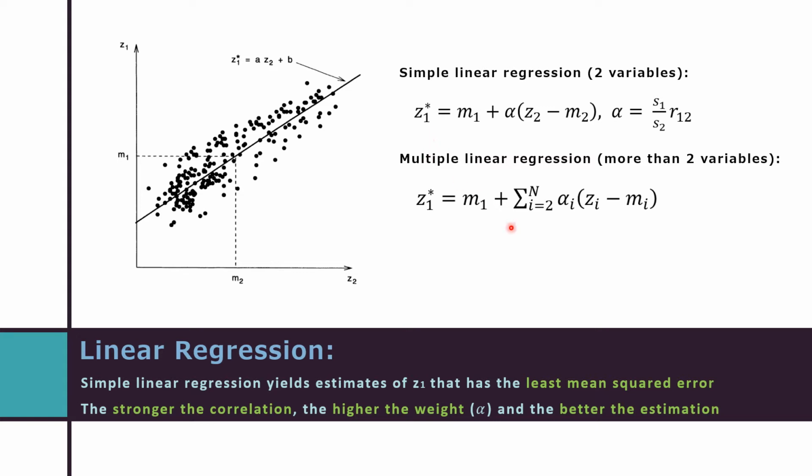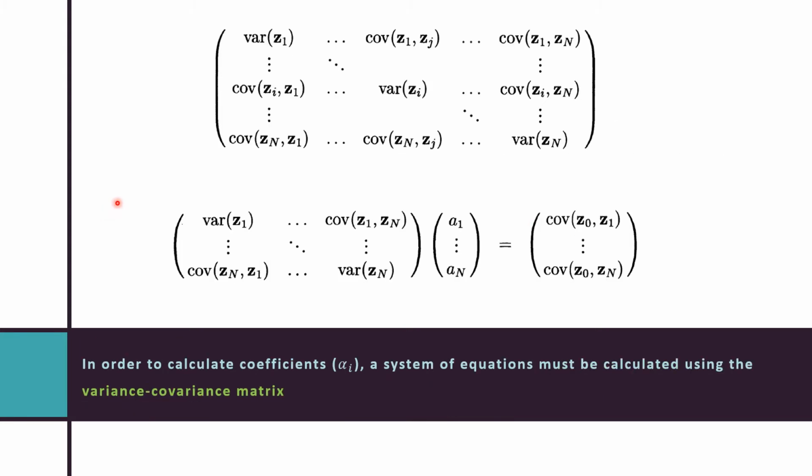We can, of course, have many more variables. The equation is practically the same, but we have more arguments in this place. But we also need a different approach to find these coefficients. We can find those coefficients using the variance covariance matrix.